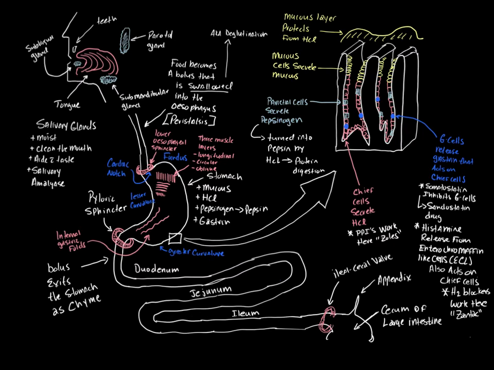a hiatal hernia. What's a hiatal hernia? Yeah, so this area here, the hiatus kind of herniates up into the thoracic cavity, right? And that can cause lots of heartburn, or what we call regurgitation, where stomach contents get regurgitated back up into the esophagus, and that, of course, is very acidic, and it can burn and damage the lining of the esophagus, right?